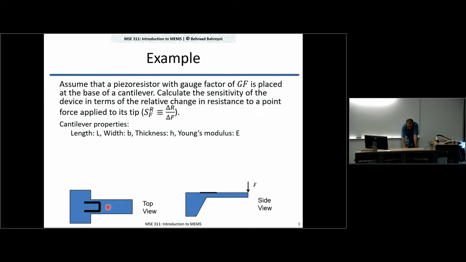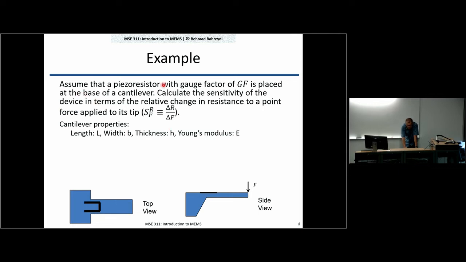And now if the tip of the cantilever is pushed down, I will have some stress here. My piezoresistor will respond to it, and I will be able to measure the change in that resistance as a function of the force.